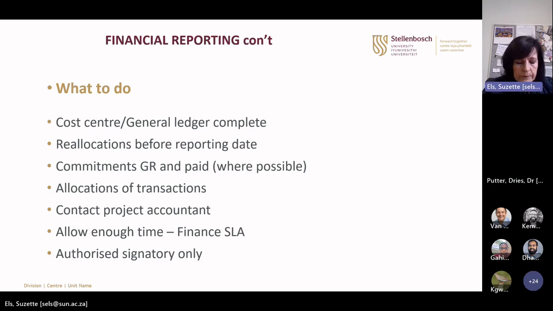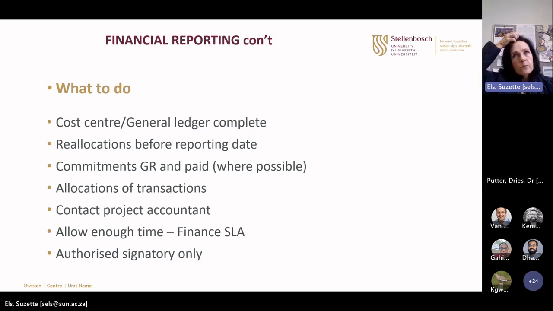As I said, please allow enough time for finance to be able to compile the report, to check the report, to have it signed off. Finance has a specific SLA with faculties, giving us a certain number of days to do a financial report.